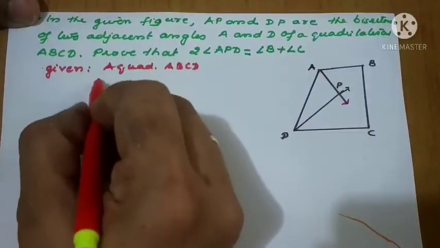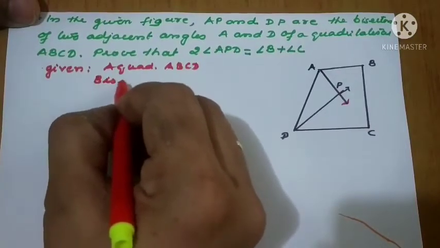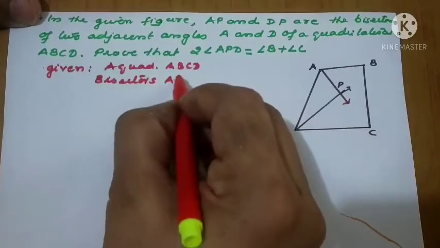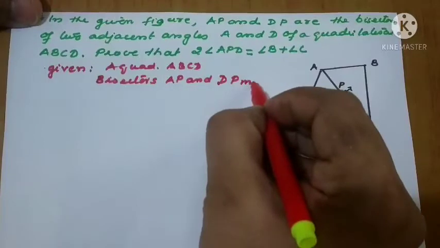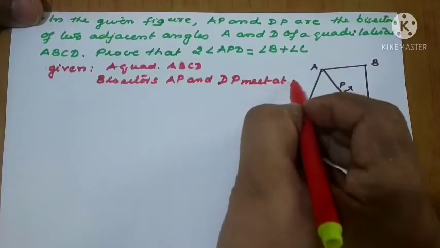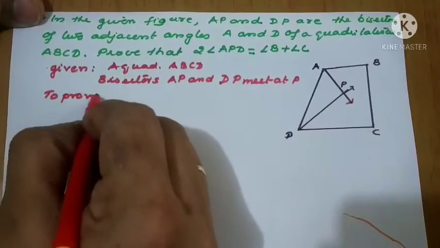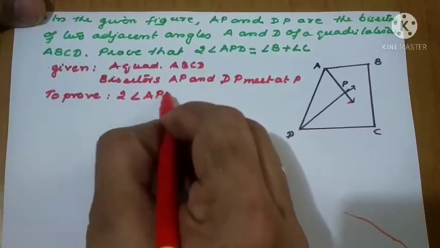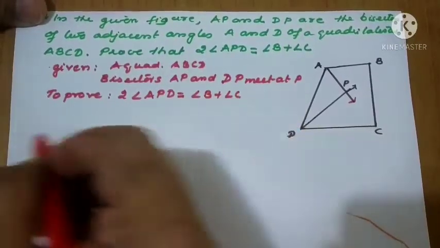Next, bisectors AP and DP meet at P. To prove: 2 into angle APD equals angle B plus angle C.